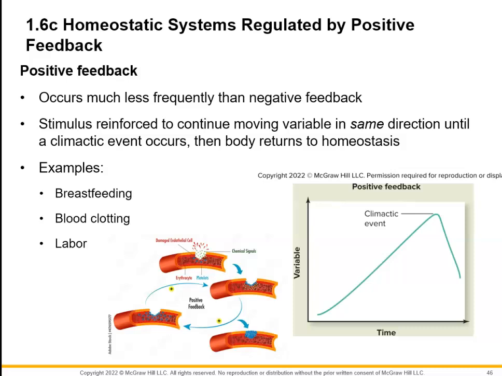Well, that sends information right back to the brain, which then releases more oxytocin, which causes more contraction, which pushes the baby down and causes more stretch, which causes the brain to release more oxytocin, which causes more muscle contraction, which causes more stretch, which causes, okay, you get the picture, yeah? So positive feedback enhances the stimulus instead of reversing the stimulus.